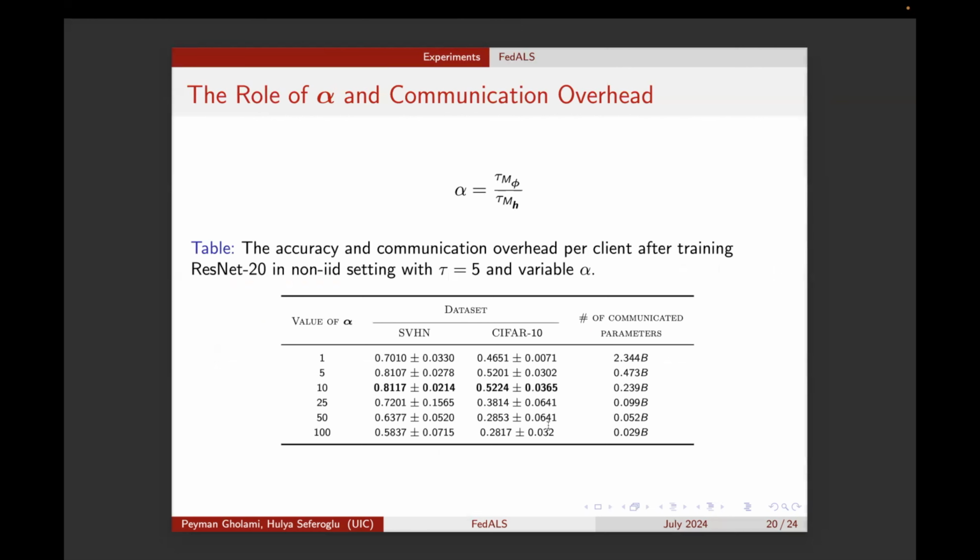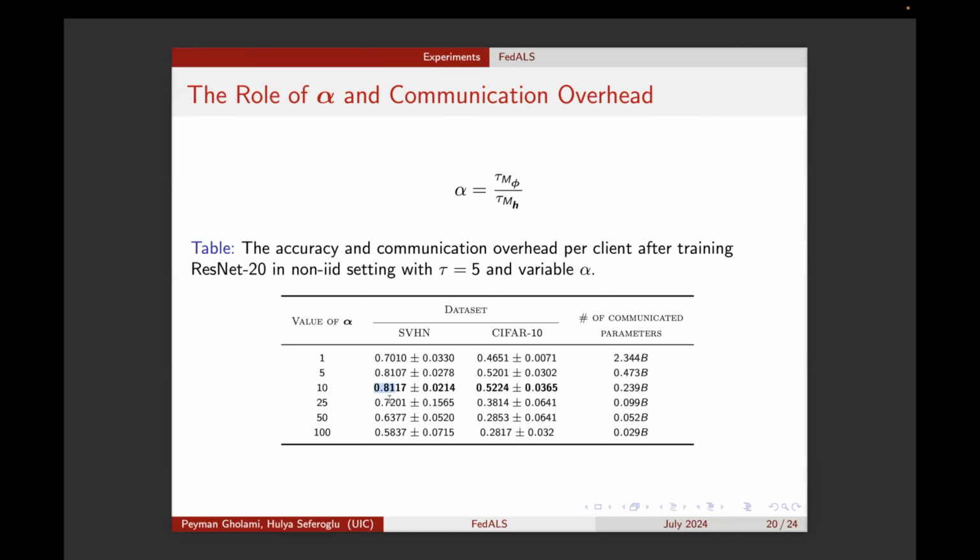Now, let's consider the role of alpha and communication overhead. As we increase alpha, communication efficiency improves. And in the table, you can see that as we increase alpha in the first column, the number of communicated parameters decreases in the last column. However, we notice that as we increase alpha from 1 to 100, accuracy improves up to a certain point, which here is alpha equal to 10.